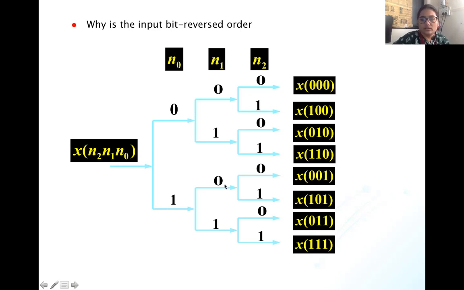Here again, 1, 0, 0, 1, 0, 1, 1, 1, 0, and 1, 1, 1. Accordingly, this way you can keep in mind the bit reversal order.